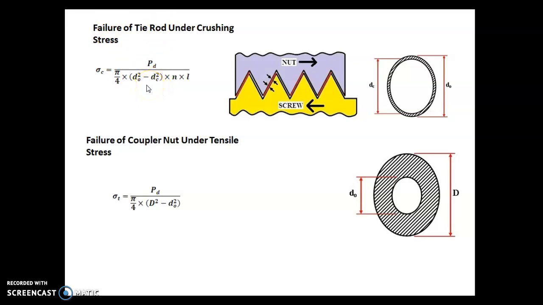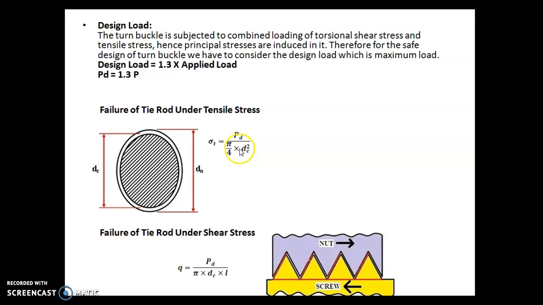Okay, in step 1, if we get the value of DC, then from the core diameter value you can get the value of other thread parameters, that is nominal diameter, thickness of thread, then pitch diameter, all parameters you will get from the design data book.